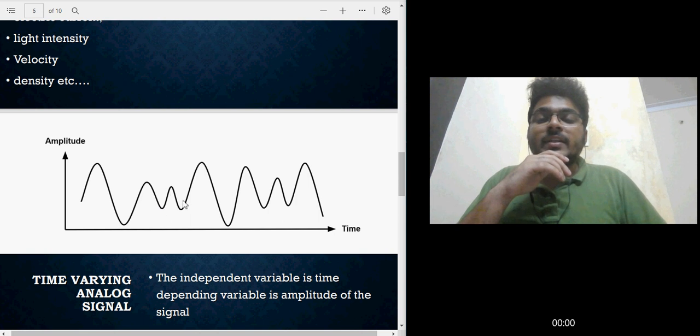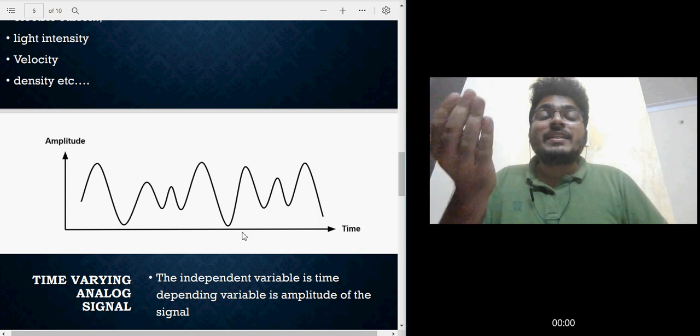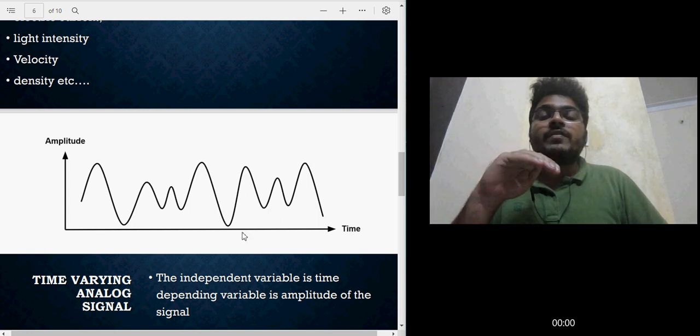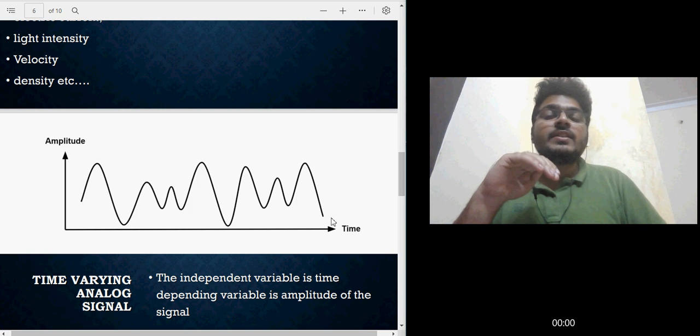Same like that, the speed is increased and decreased based on the geographical terrain. That means you are able to understand the process of a truck going from point A to B just by looking at this graph. You are able to predict the speed of the truck going from A to B within this duration of time. The speed is being increased, decreased, increased, decreased, increased, decreased.